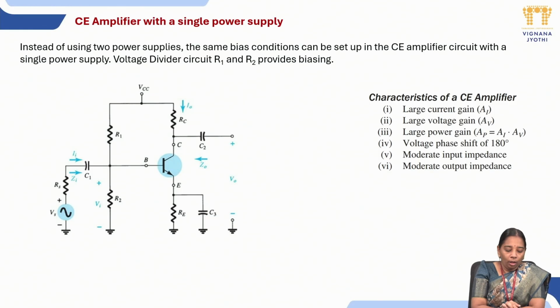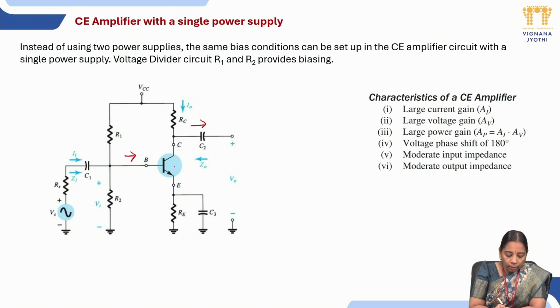How does a transistor in CE configuration act as an amplifier? We have the transistor, which is the heart of an amplifier, connected in common emitter configuration. The input is applied to the base and the output is collected from the collector terminal.